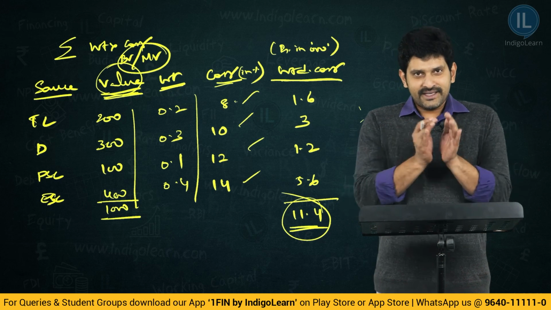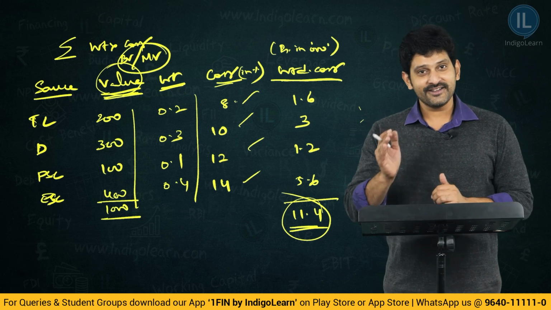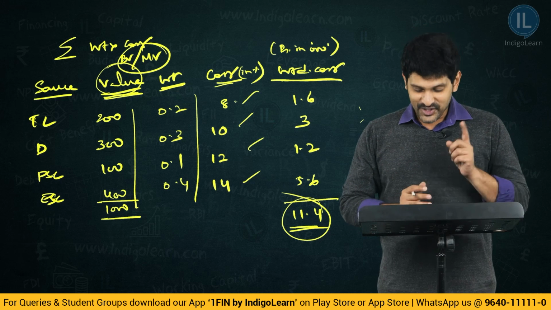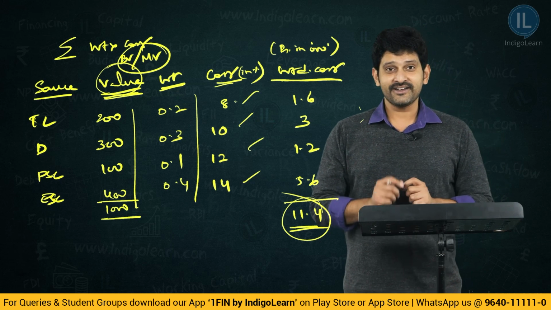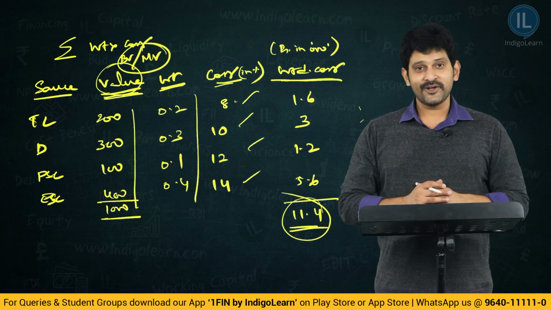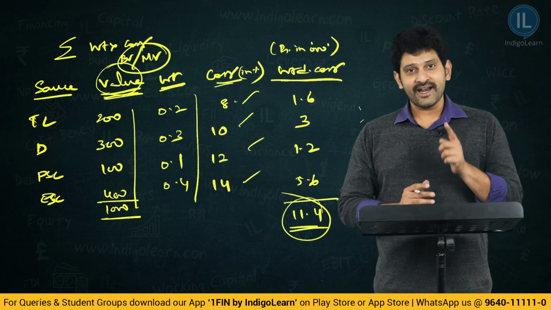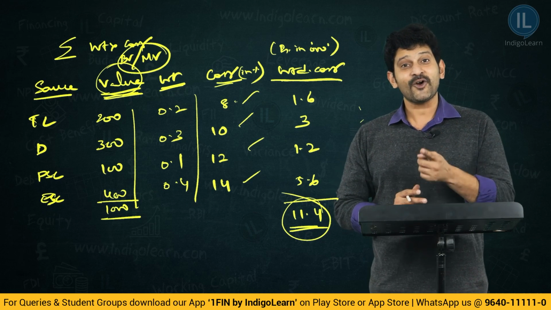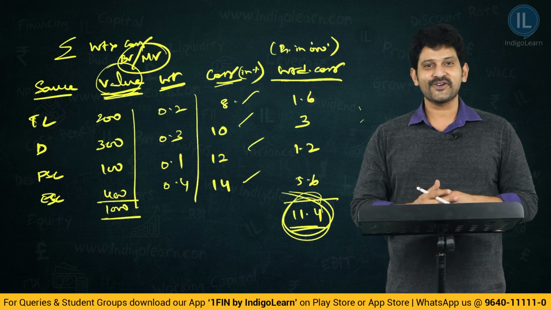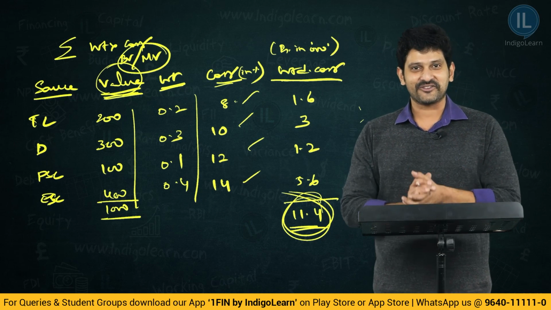The application of that song was like this: source, value, weight and cost. Write down source and value, put weight and cost, multiply and get weighted cost, add for total cost. Source, value, weight and cost. A funny, lighter way of doing things.